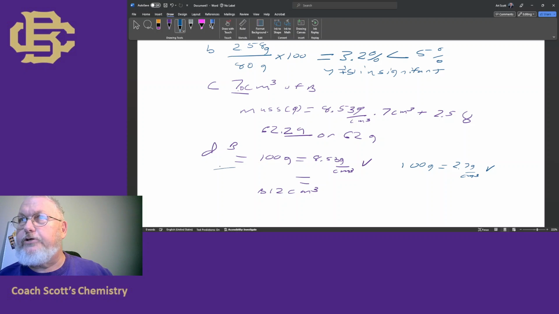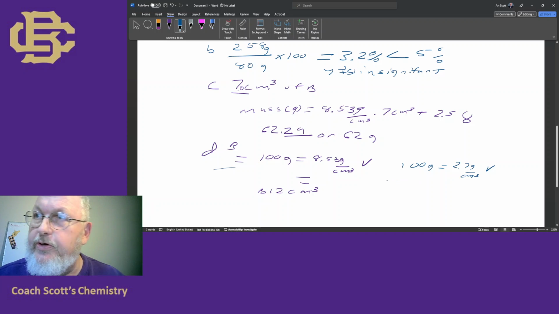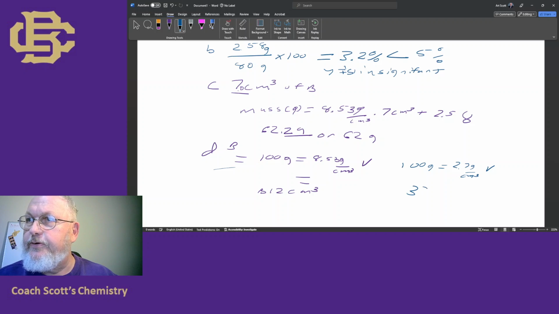So I calculated, which is fine. 37 cubic centimeters. So which one would have the most volume? A would have the most volume.